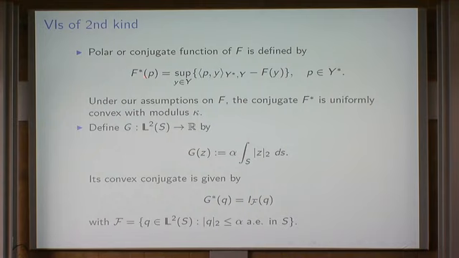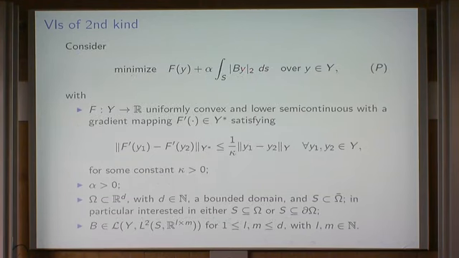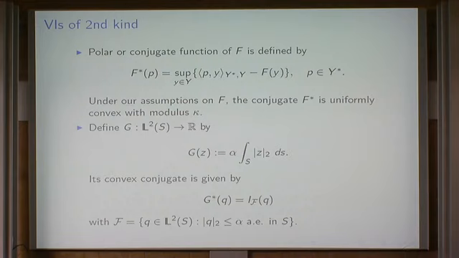Now, for instance, if we go back to our model problem here, and let me ignore the operator B for the time being, and just consider alpha times the L2 norm of some quantity z, which is in some L2 space. Then I may compute the conjugate, and if I compute the conjugate here, I get the g star of some quantity q being equal to an indicator function of such a constraint set here.